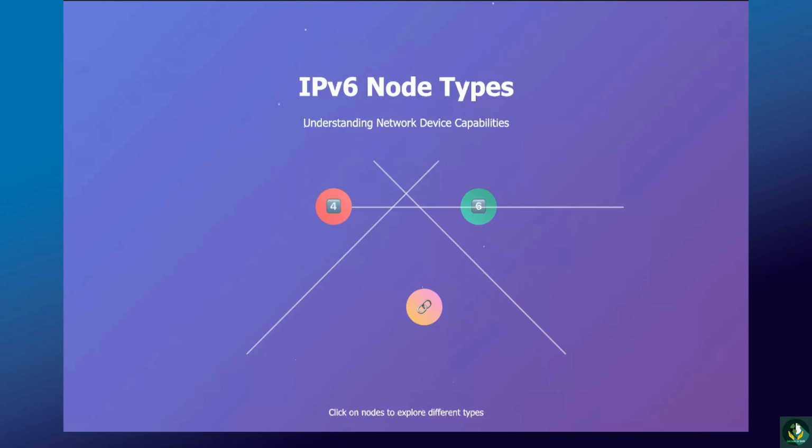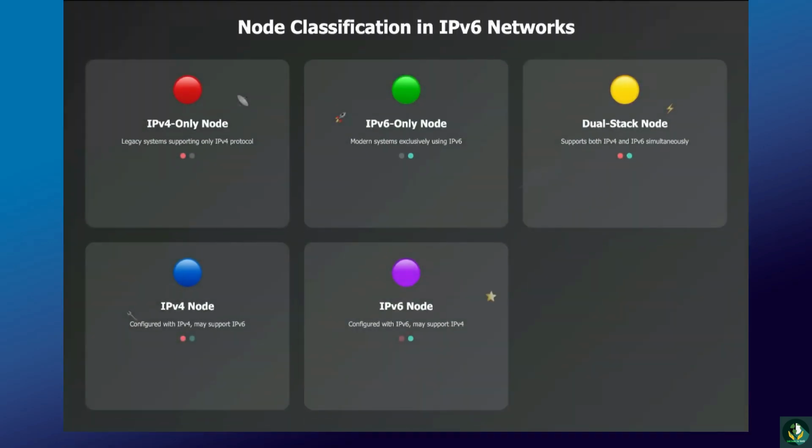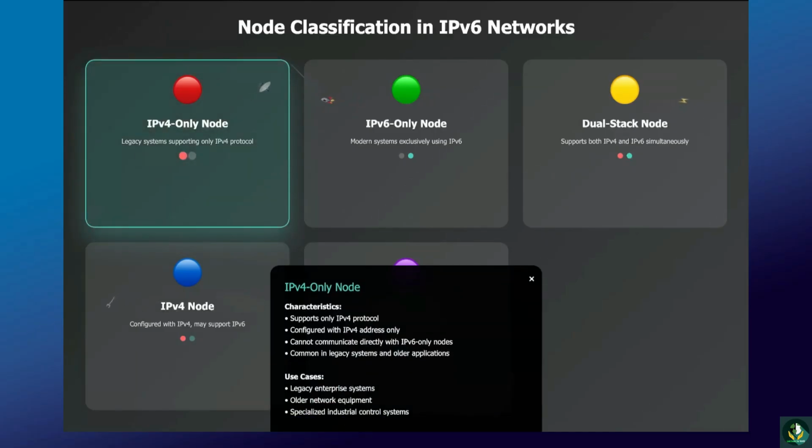So let's get started. Okay, let's explore the different types of nodes that can exist in a network. First off, IPv4-only node. It supports only IP version 4 and is configured with an IPv4 address. It cannot communicate with IPv6-only nodes. This type of node is common in legacy systems and applications.